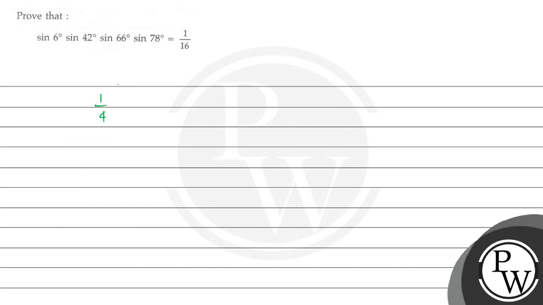So 1 by 4, after taking the LCM here, we'll get (2 minus root 5 plus 1) divided by 4, and similarly in the other bracket we get (root 5 plus 1 plus 2) divided by 4.